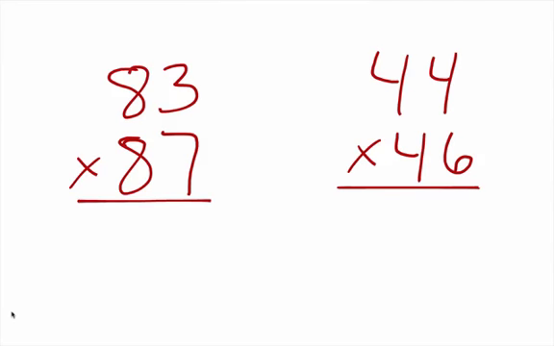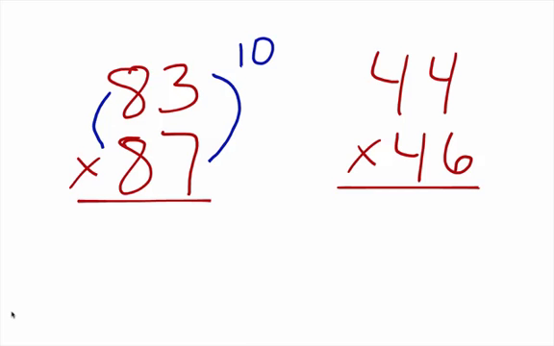Right? Now here's a special case when we're multiplying two-digit numbers. We'll get deeper into multiplying two-digit numbers later. But when we have two-digit numbers that begin with the same number, with 8, and the last numbers, when you add them up, equal 10, it's very similar to squaring numbers which end in 5.